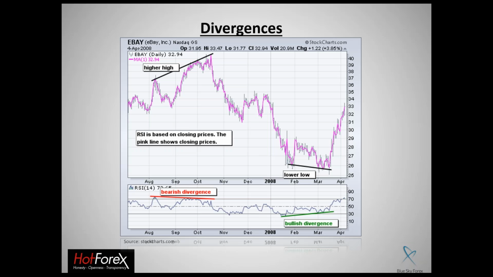Okay, because divergences between indicators, we actually have a different webinar just focusing on divergences between indicators as well. Divergences between indicators can really be a quite powerful tool in helping you make good trading decisions.